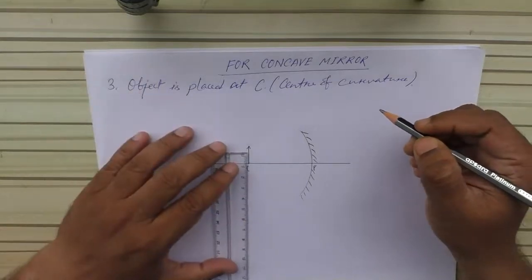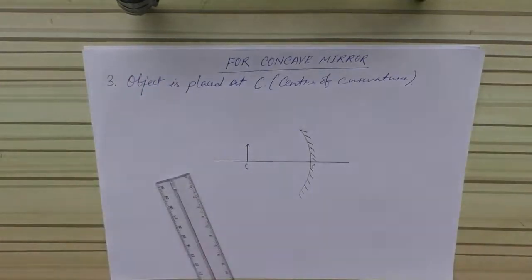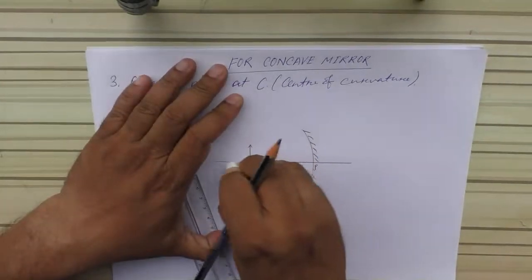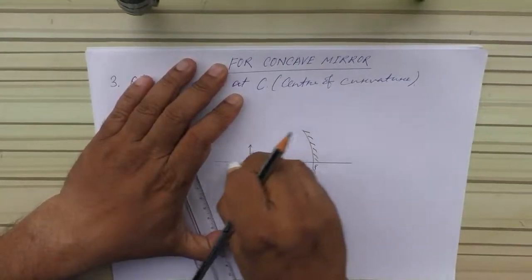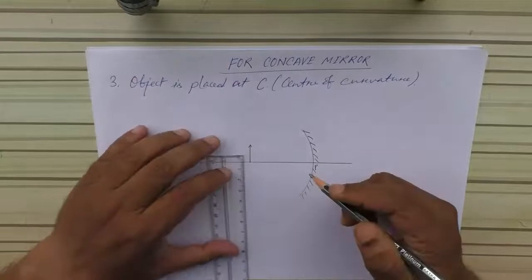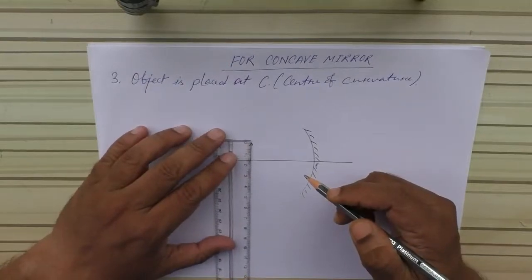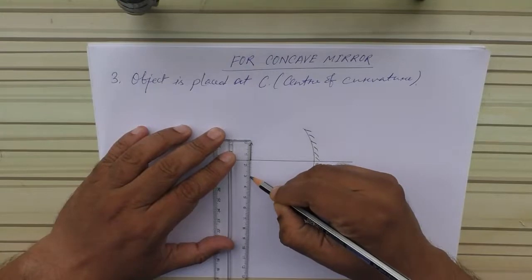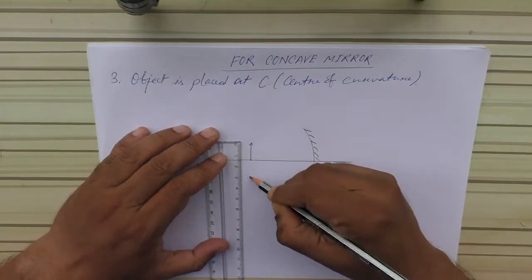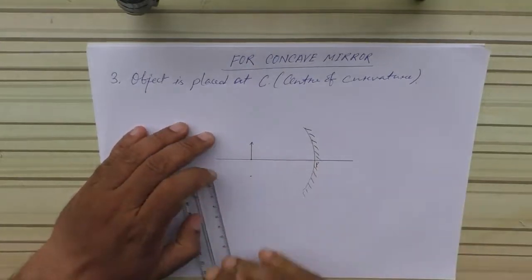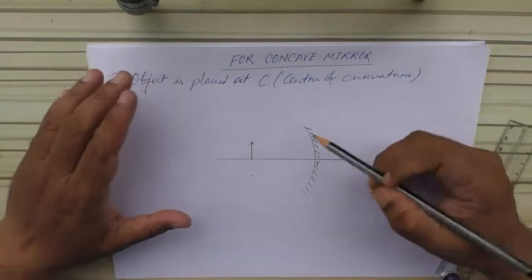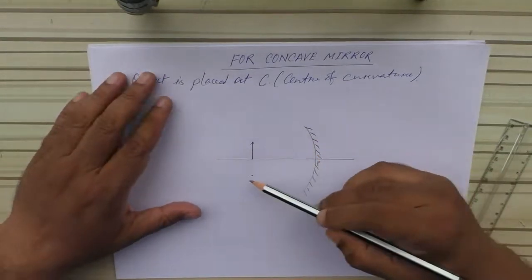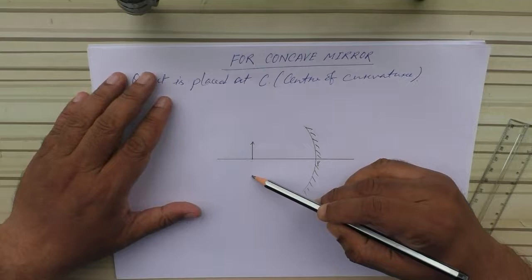So for convenience you can do one thing, you can mark the position of image here. So I have considered this as 1.5, so at around 3 centimeter mark I am marking a point, and I will try so that reflected light rays should intersect at this point.